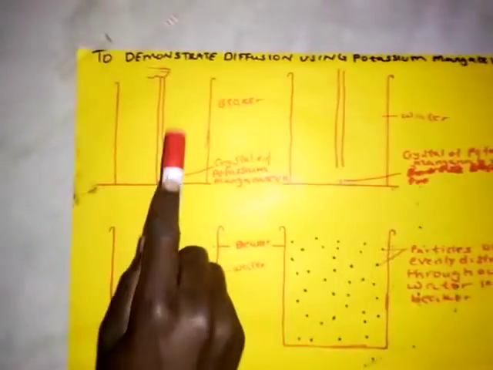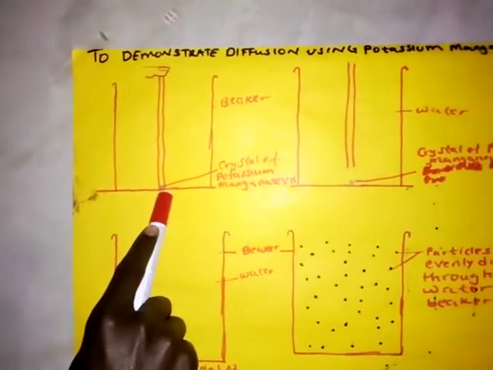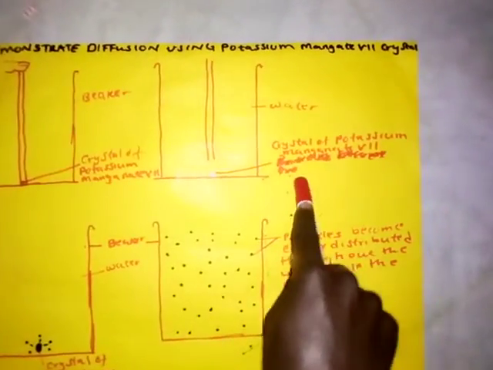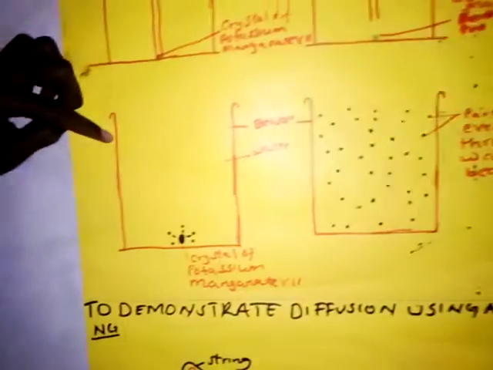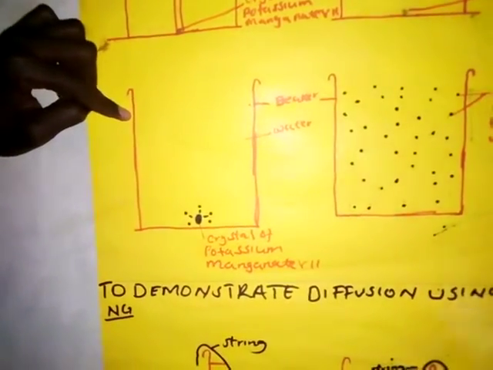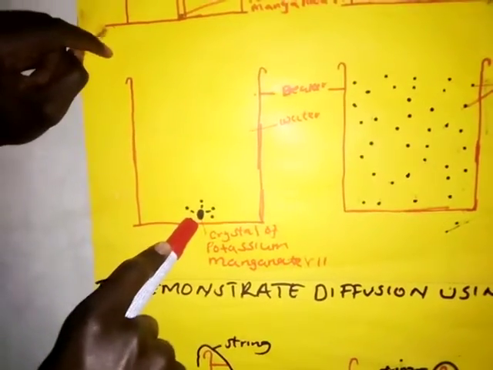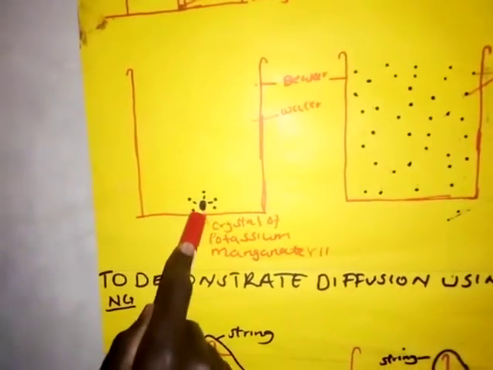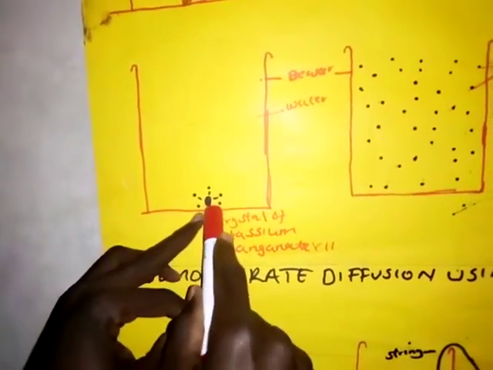So you look at step 1, we are placing in the crystal of potassium permanganate 7. Then we fill it with water, then we withdraw the glass tubing. You can realize that in the third diagram, we don't have the glass tubing. If you look at the crystal of potassium manganate 7, you realize that the molecules are moving from where they are highly concentrated.